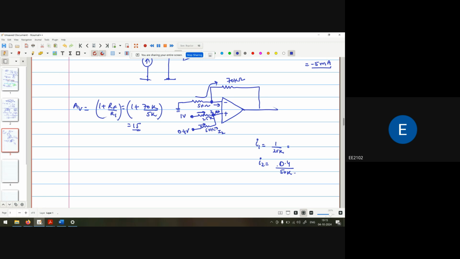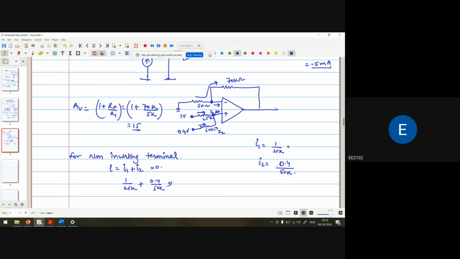Okay. So if I say for the non-inverting terminal, total I is nothing but equal to I1 plus I2, and that becomes 0. Now put the value of I1 and I2. So 1 upon 25k plus 0.4 upon 50k.